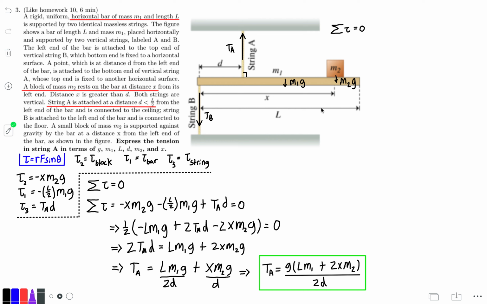And what we can do is think of this problem as a torque problem. For example, let's say that this system was not in equilibrium and it was moving.